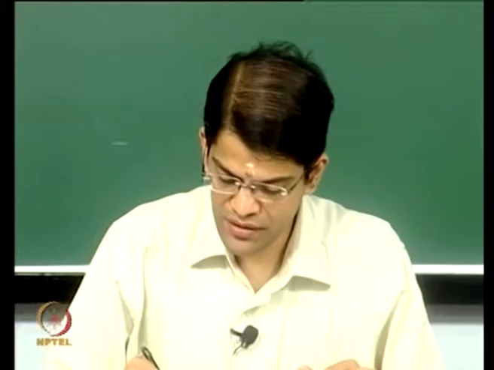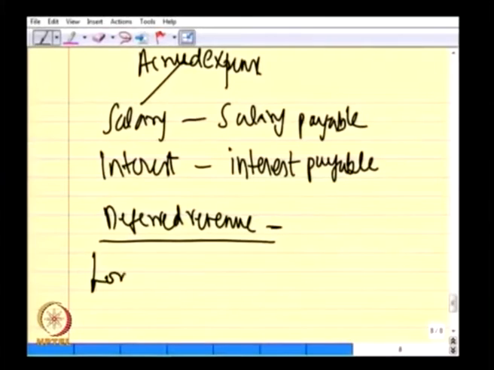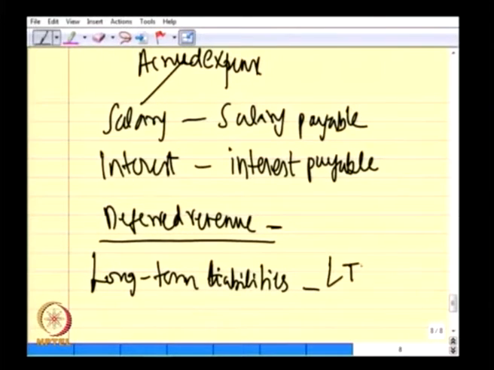Now, getting a little further, just as we have current assets and fixed assets, we have current liabilities and long term liabilities. Long term liabilities are predominantly long term debt or the company's own bonds that they issue.